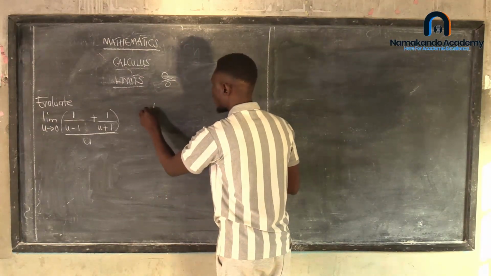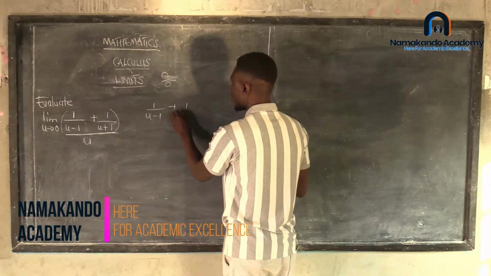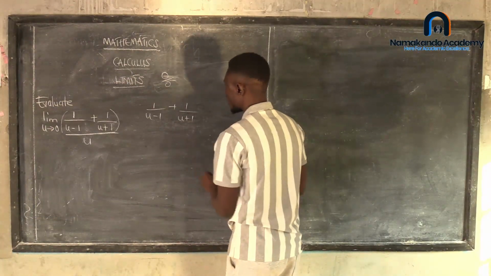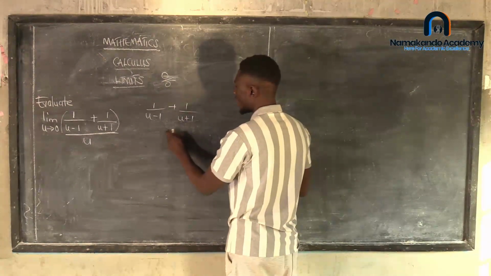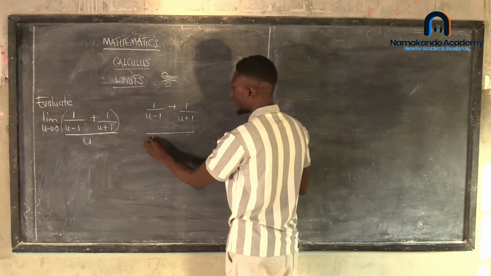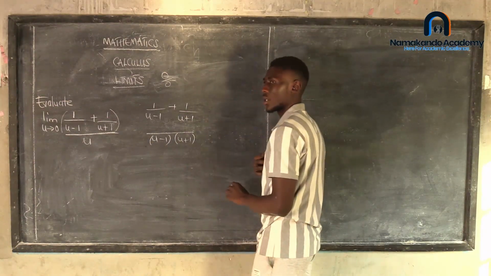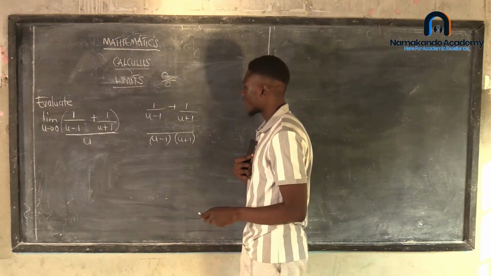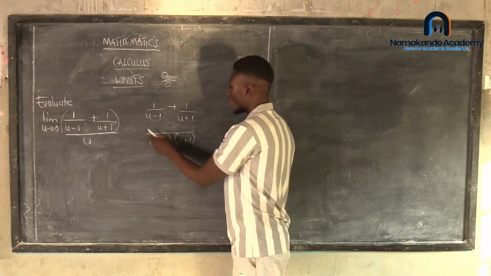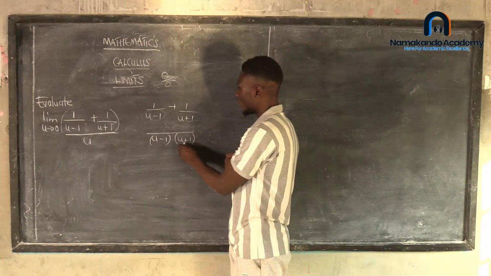We have 1 over u minus 1 plus 1 over u plus 1. You notice your common denominator is the product of these two, which is u minus 1, u plus 1. From basic mathematics, this will divide into this and cancel, and you are going to be left with u plus 1.